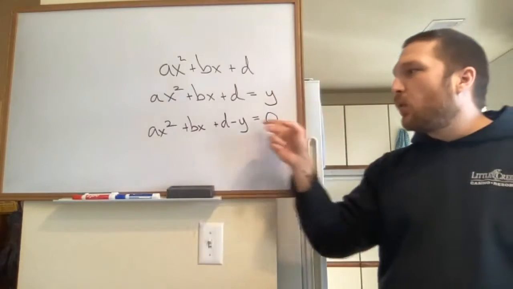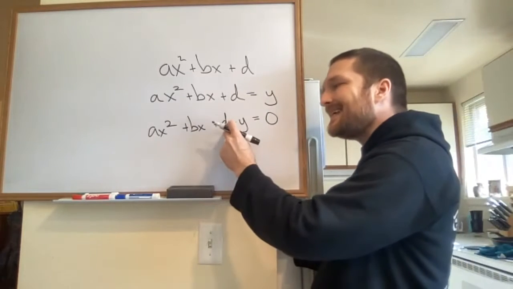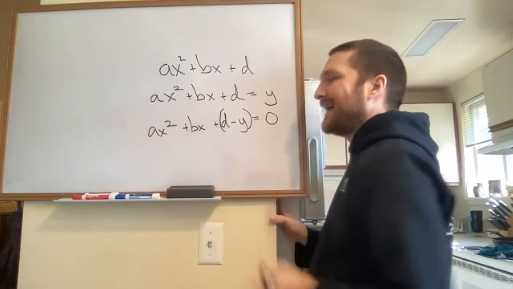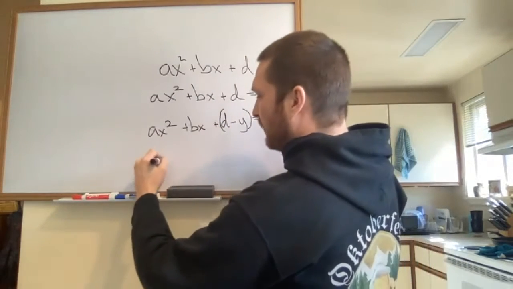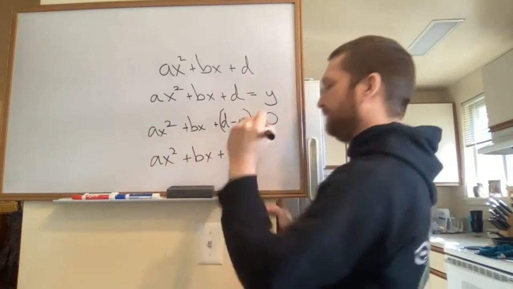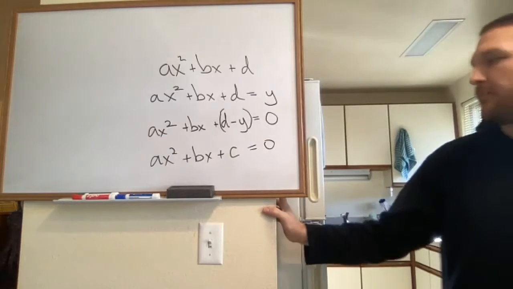In other words, I could bring the Y over to one side and have a 0, in which case, since D and Y are just numbers, we could consolidate them and say D minus Y is just a number. What number? I don't know. Why don't we just give it a name? Let's call it C. And so you have that type of beast right there.